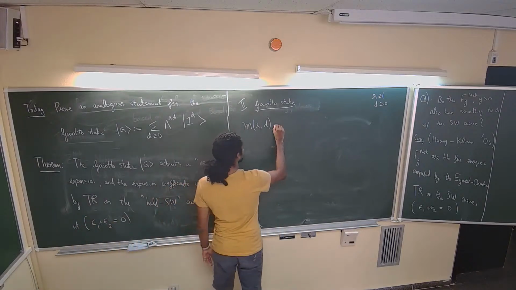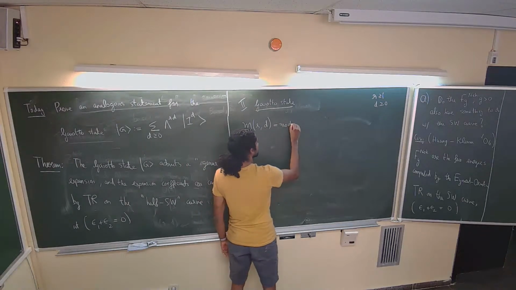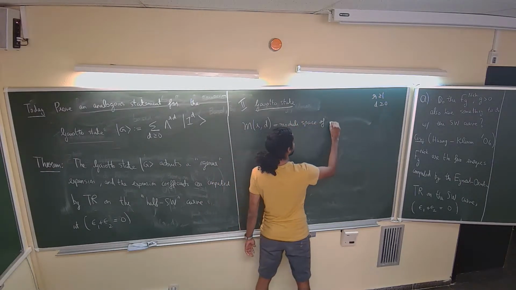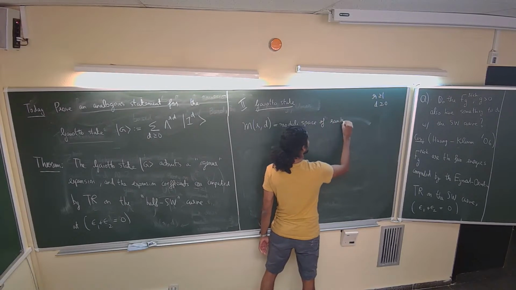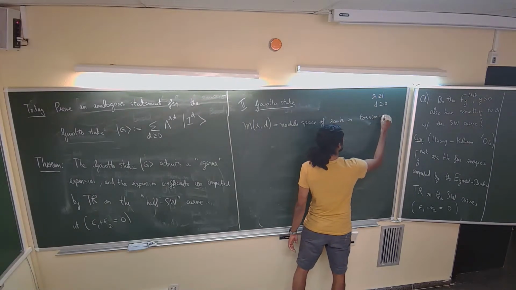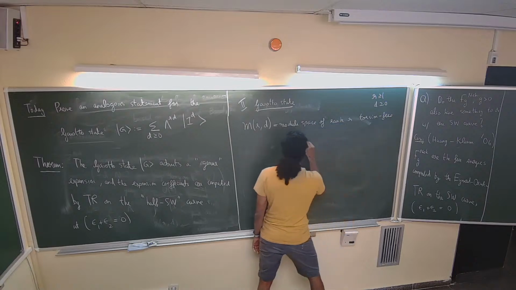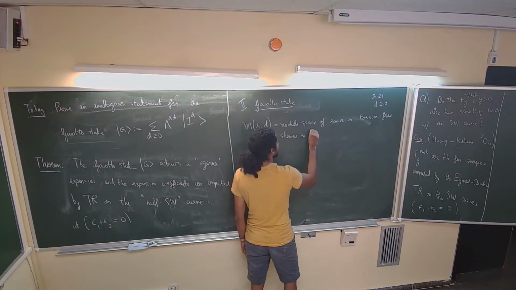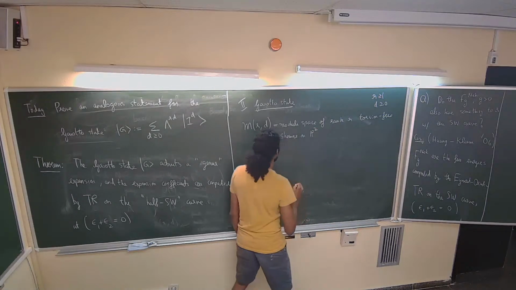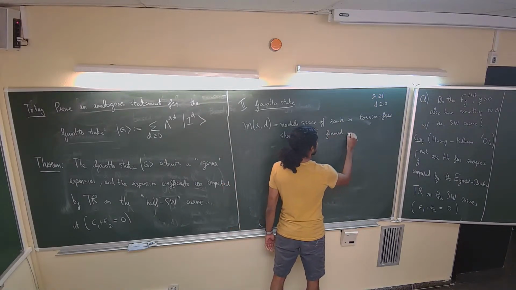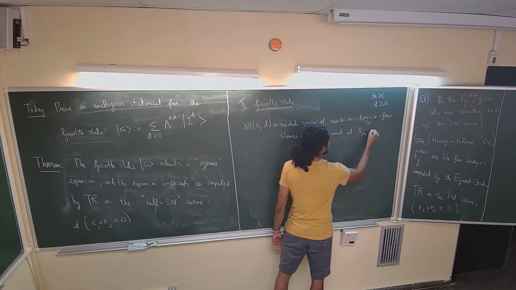Okay, so this is the moduli space of rank R torsion-free sheaves on P2, framed.